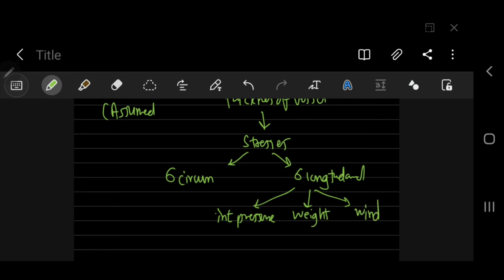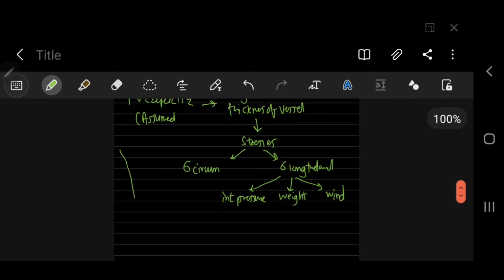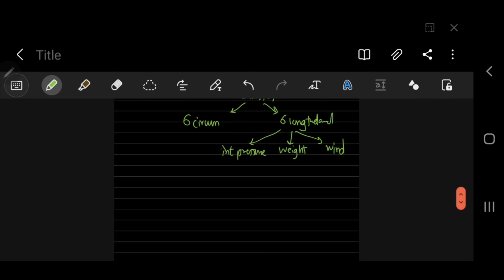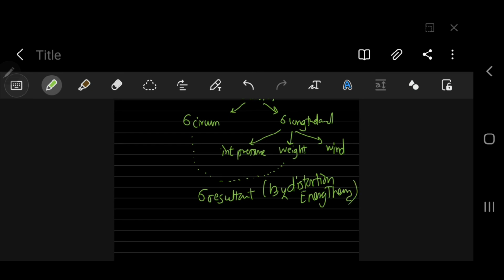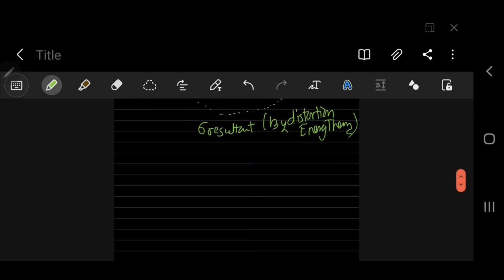By calculating the resultant longitudinal stress and using the circumferential stress, we have calculated the sigma resultant, that is the resultant stress, by using distortion energy theory. Then this is the design of the pressure vessel.